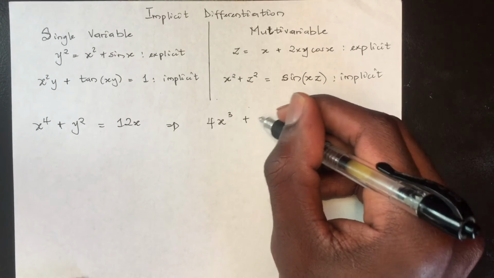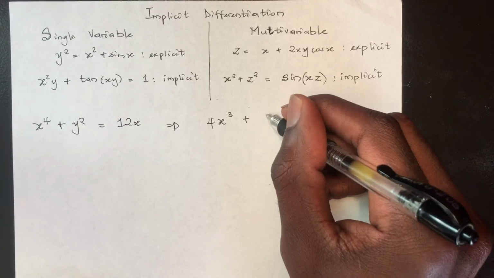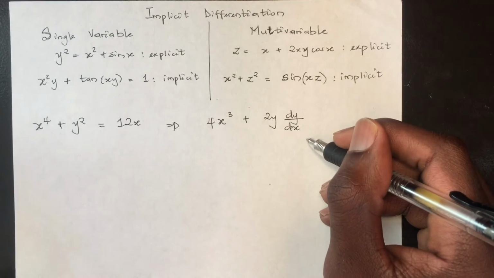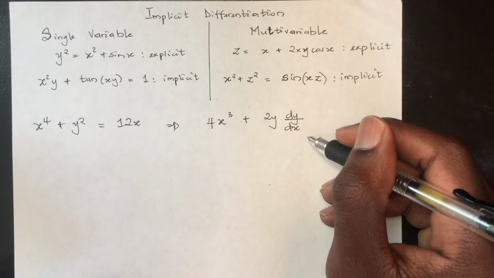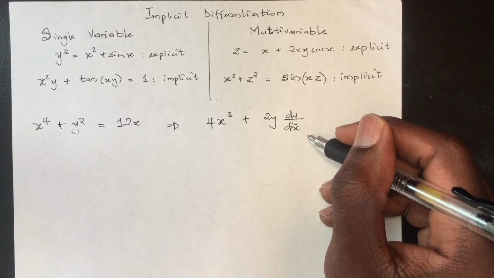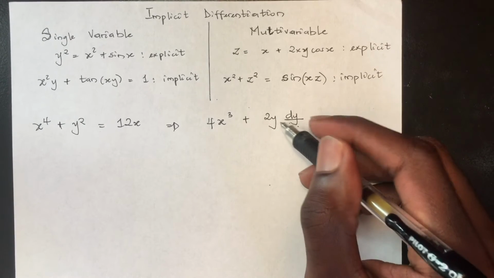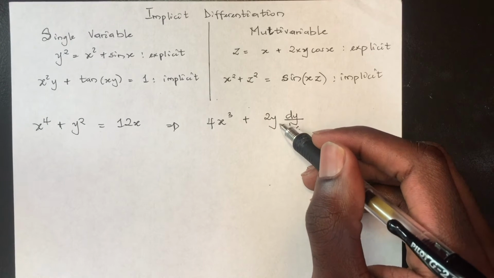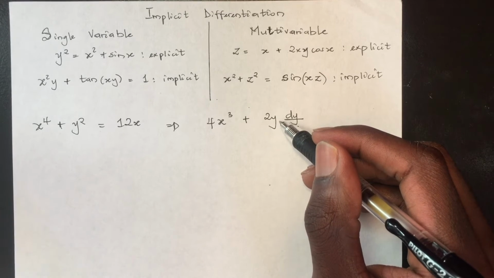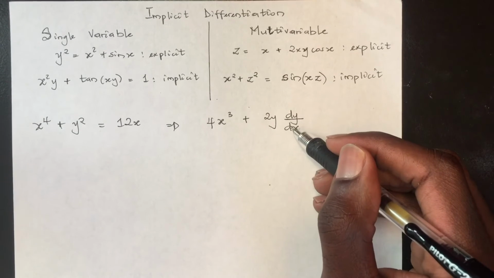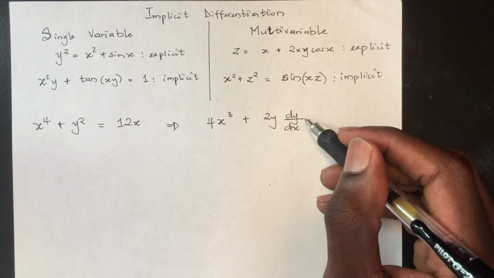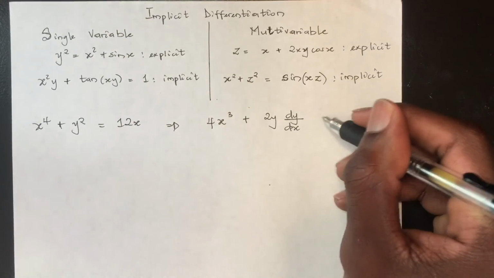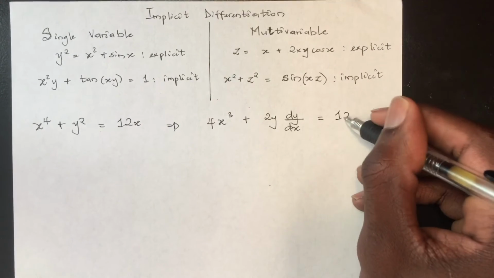Plus, you differentiate y squared, and that's going to give you 2y dy/dx. And when you come across any of these types of equations and you have to differentiate implicitly, when you're differentiating the dependent variable, in this case most likely y, you always have to attach dy/dx to that. So continuing on from there, if you differentiate 12x, you're gonna get 12.